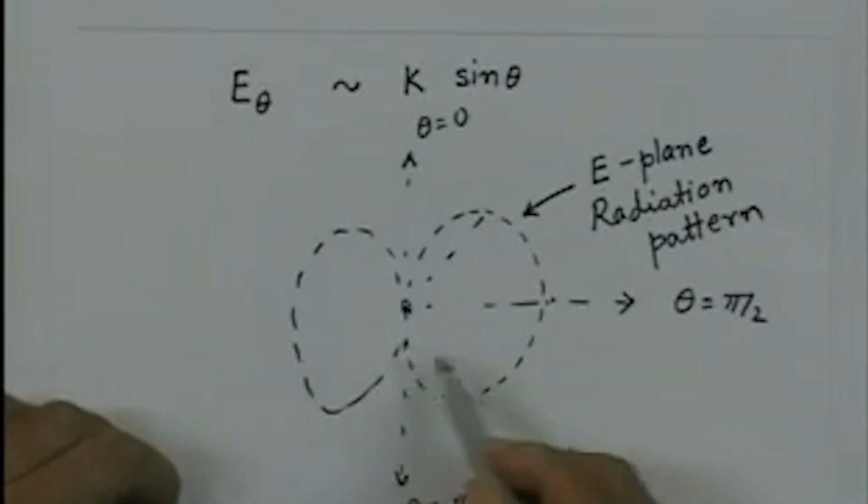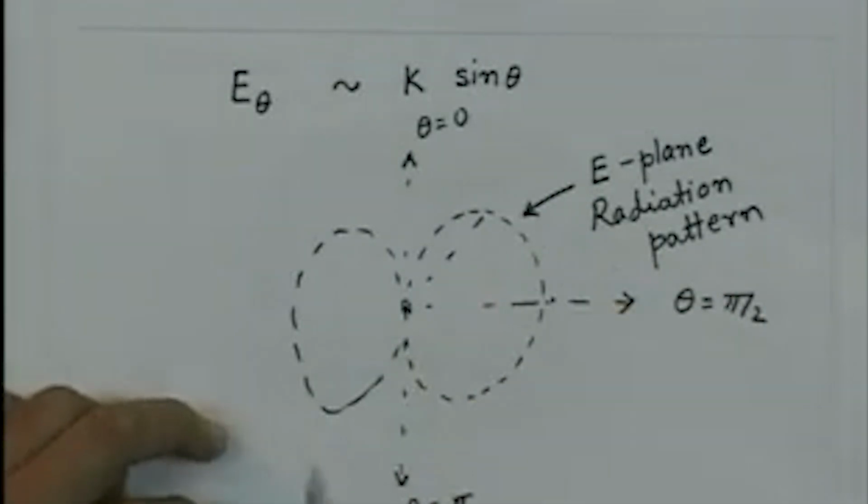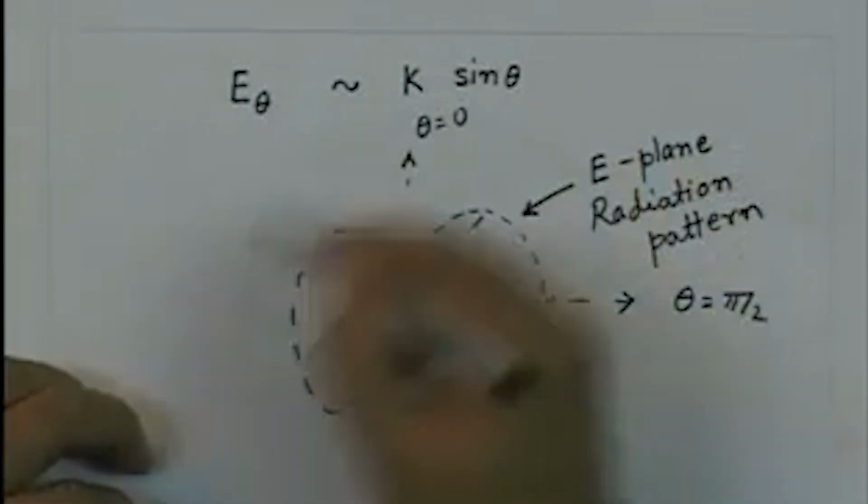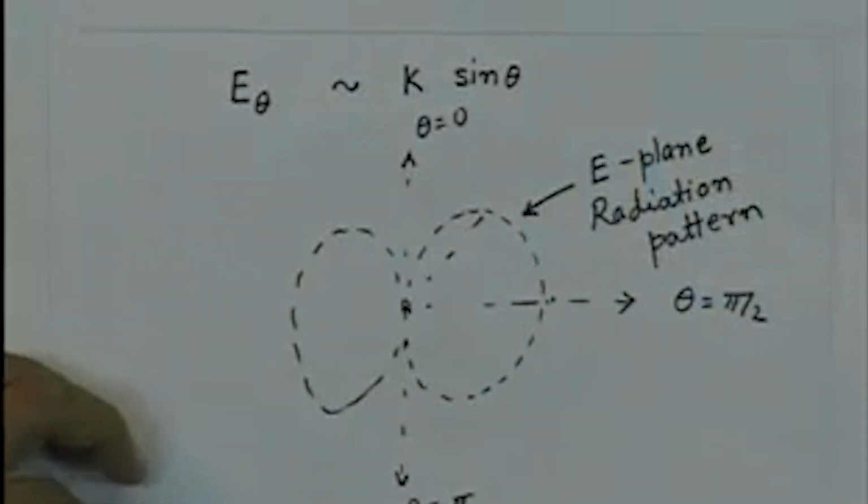And since the magnetic field has only a phi component, this plane contains the magnetic field vector. So we call this horizontal plane the H plane, and the variation of the electric field we get in this plane we call the H plane radiation pattern.